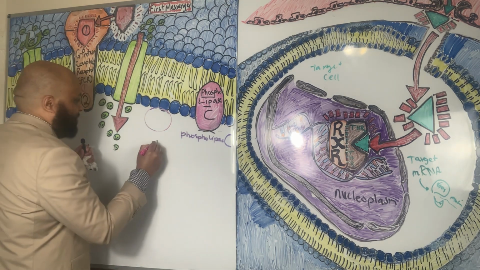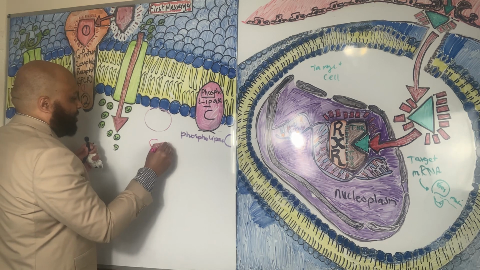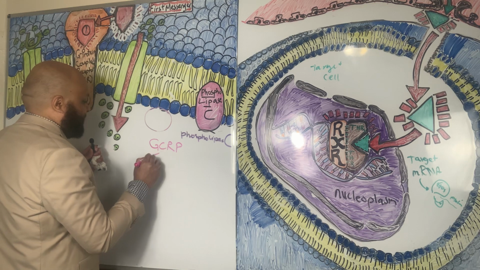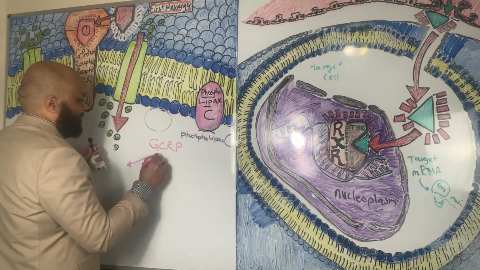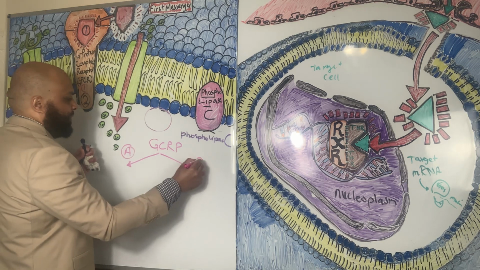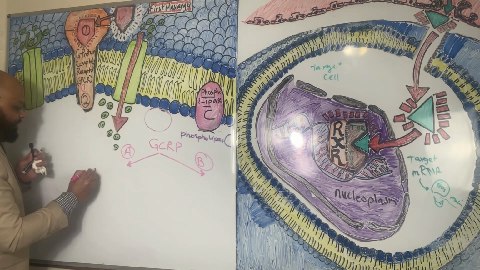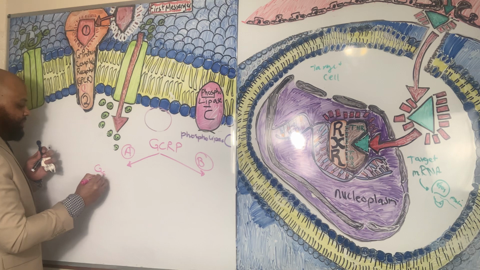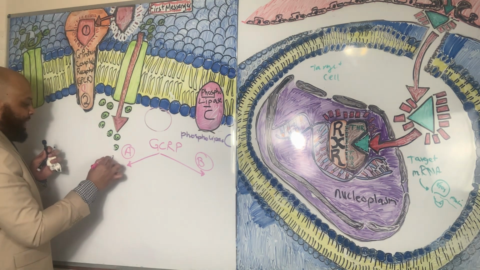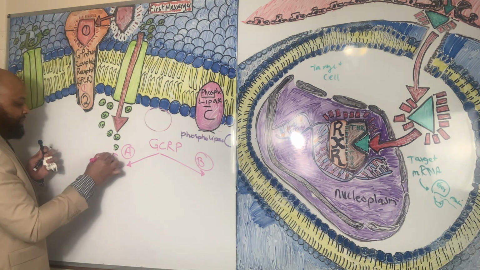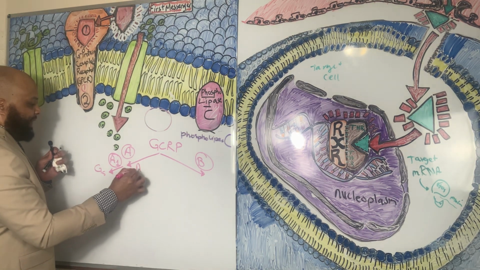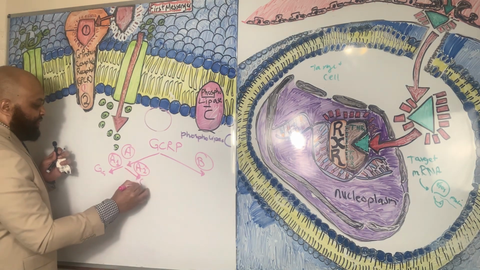The G protein coupled receptor systems are divided into two systems: System A and System B. System A is known as G stimulatory and is further divided into A1, which is G stimulatory, and A2, which is G inhibitory.